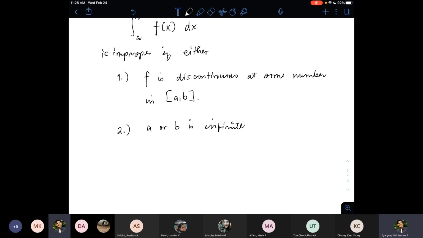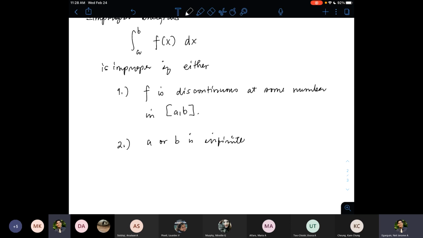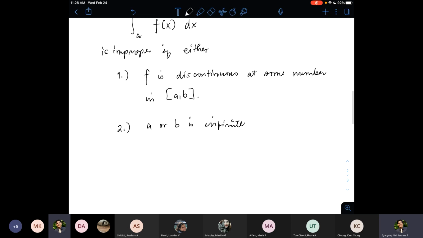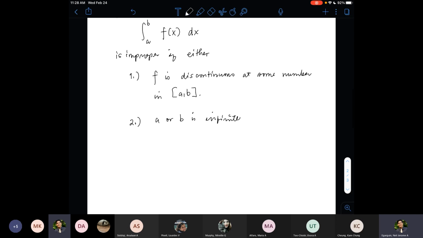I guess part 2 is the more obvious one, right? If you see an infinity as one of your bounds, then automatically the integral is improper. So the key here is, if you have an improper integral, you replace the cause of the integral being improper by another variable, and then take the limit of the integral as the variable approaches the number that you replaced.